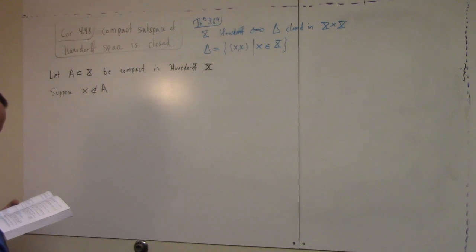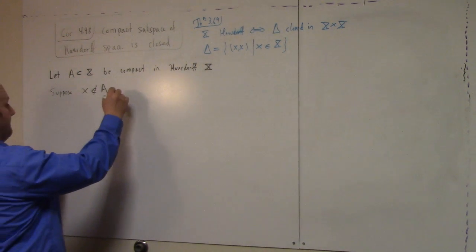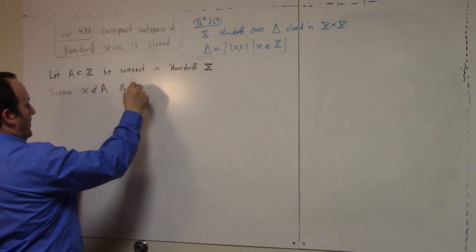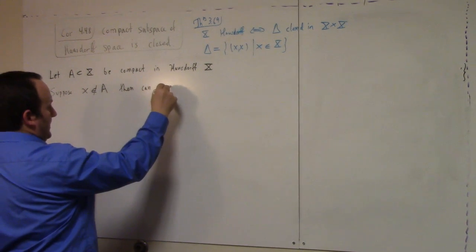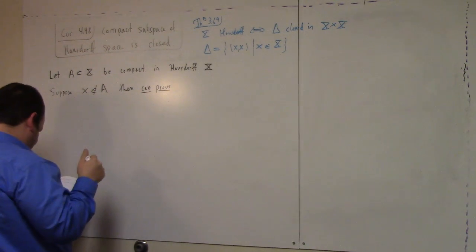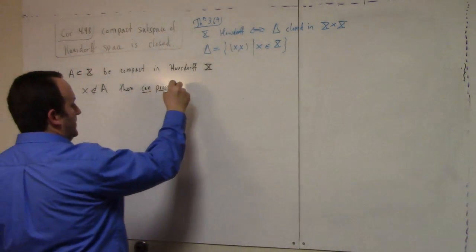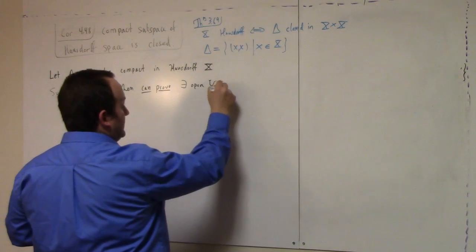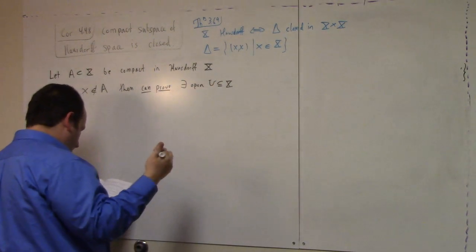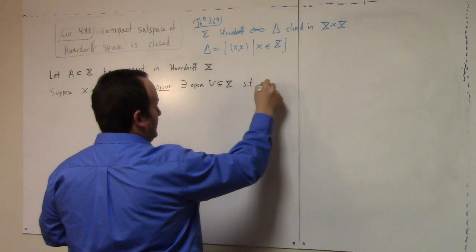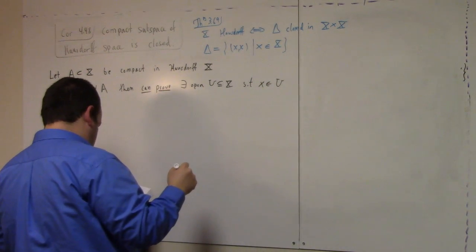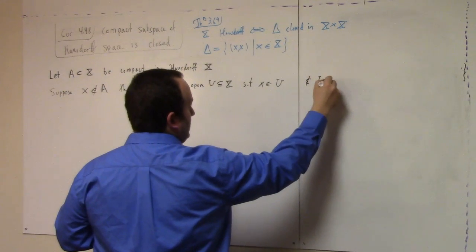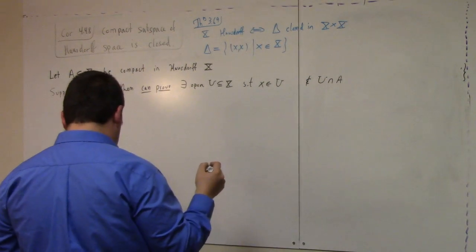He says we'll prove that there's an open set U in X such that, we haven't proved it yet, we can prove that there exists an open U in X such that x is an element of U and U intersect A is empty.